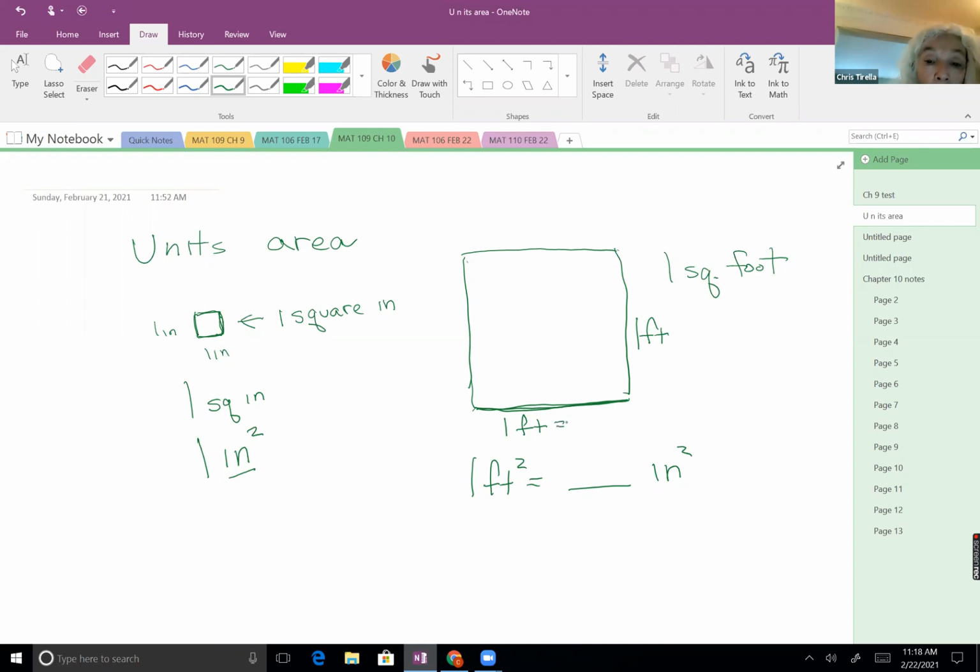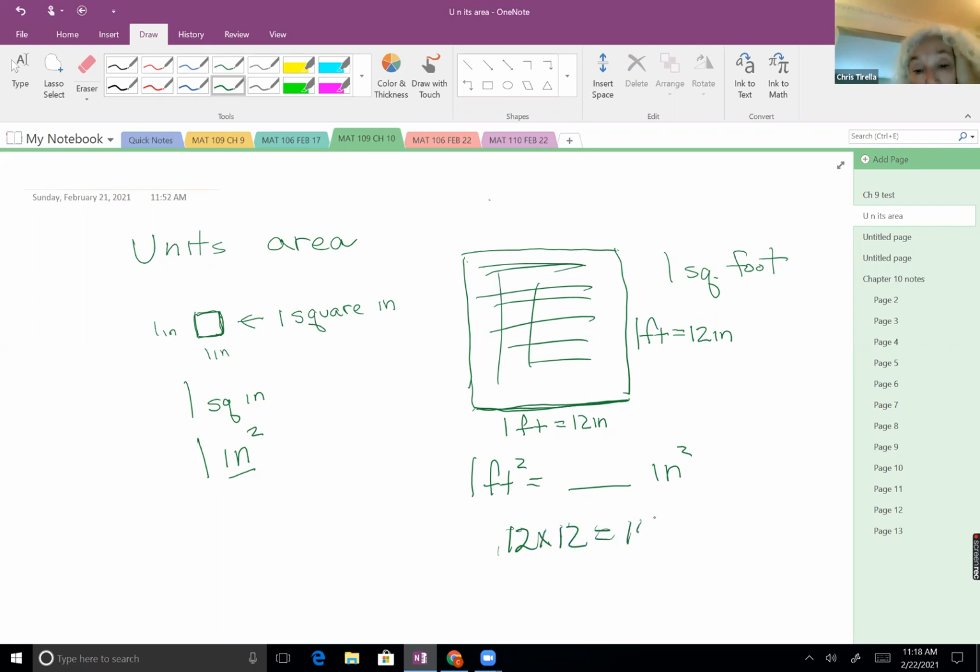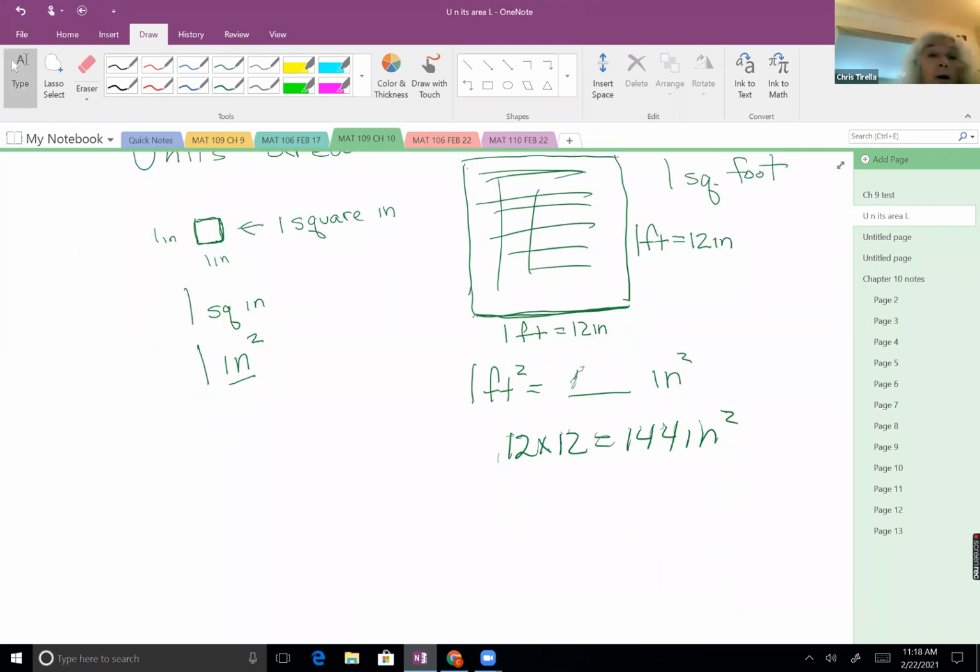Well, that 1 foot is 12 inches, and this 1 foot is 12 inches. And so if I tried 12 inches and 12 inches, wouldn't I have 12 times 12 or 144 square inches in there? And so 1 square foot isn't 12 square inches, but rather 1 square foot will be 12 inches squared or 144 square inches.